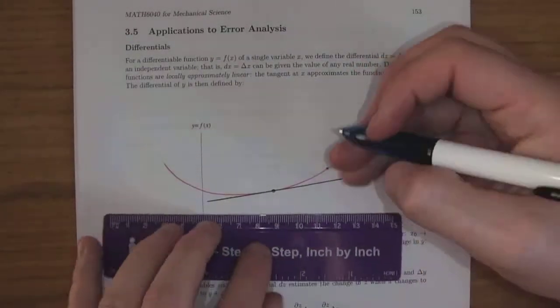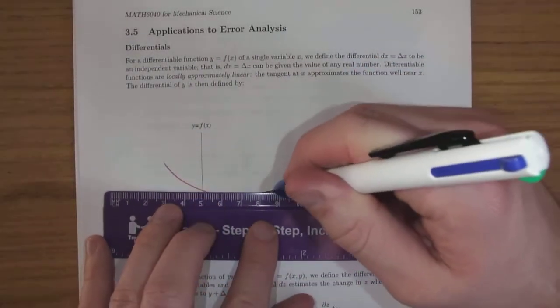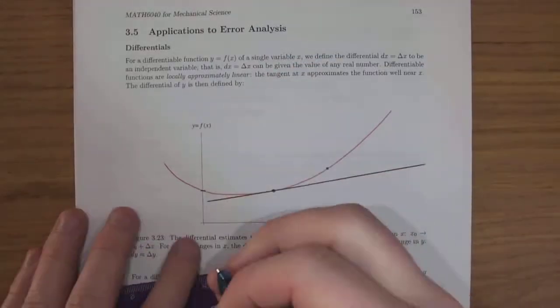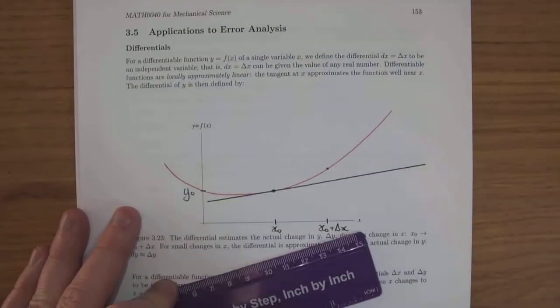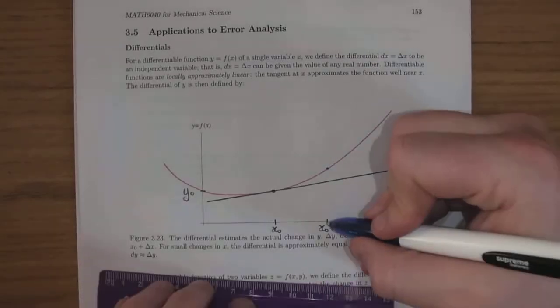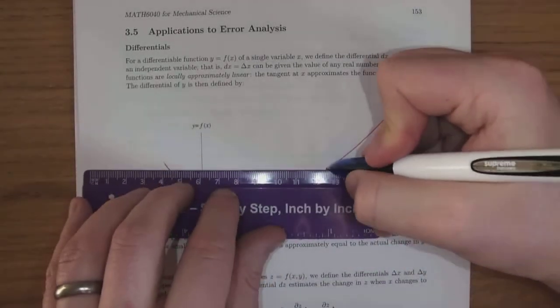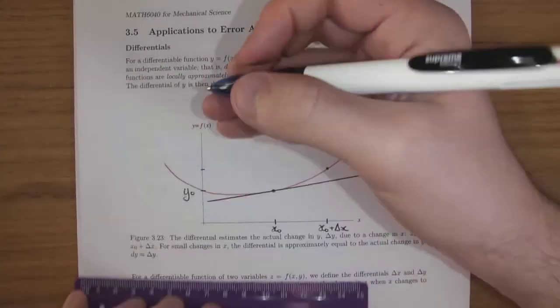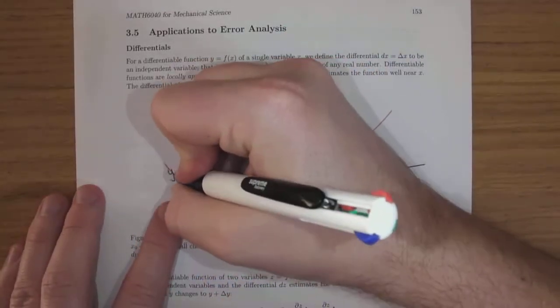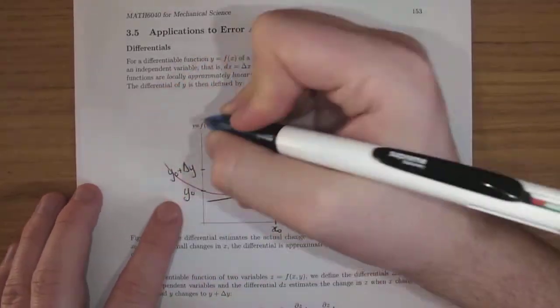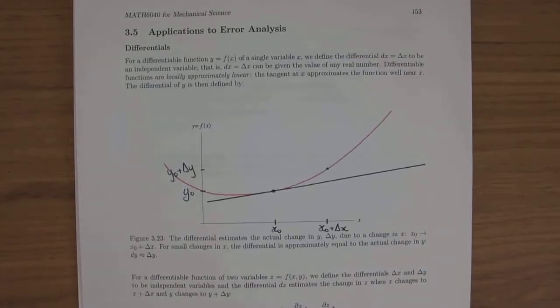If we come over here, go straight across, this is y0, the value of the function at x0, and go straight over from here. This is what we will call y0 plus delta y.